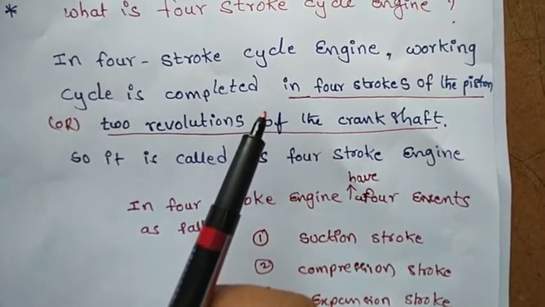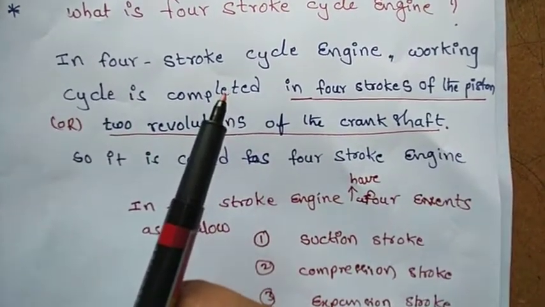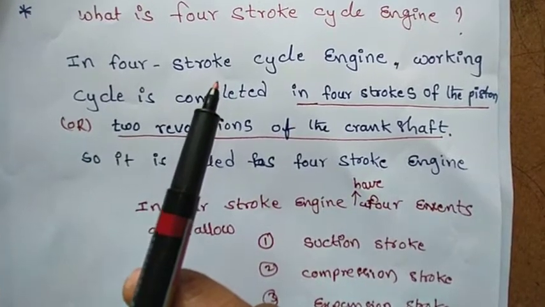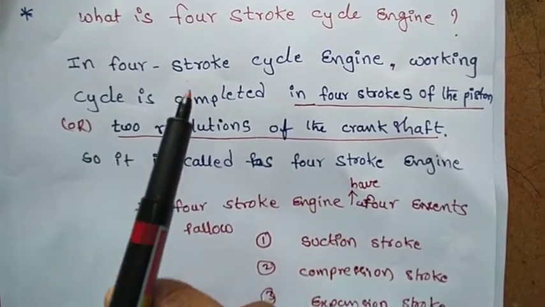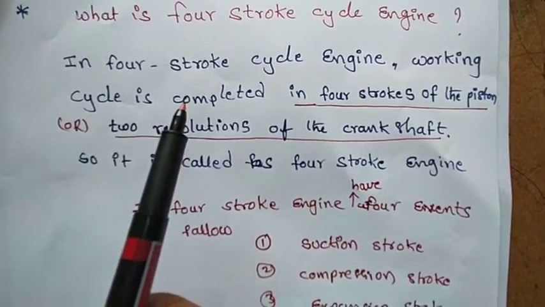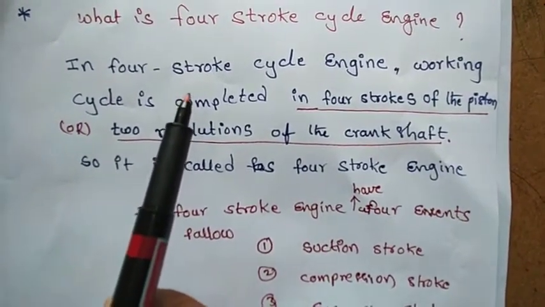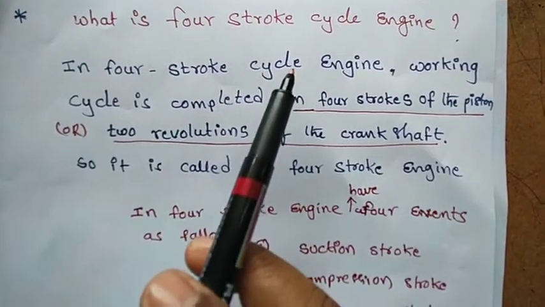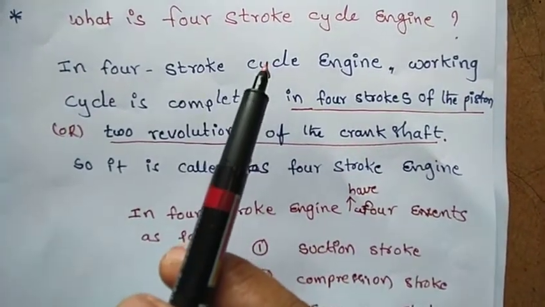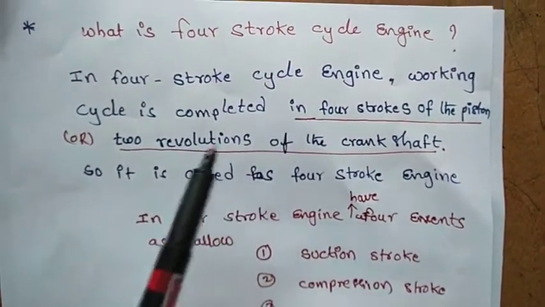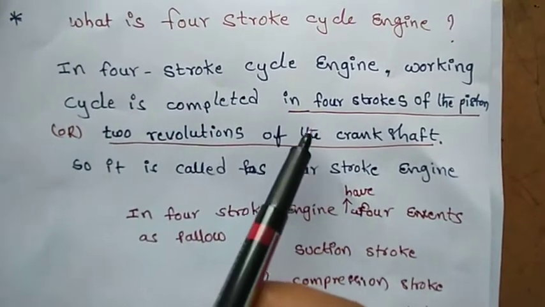I have already explained: for 1 stroke, meaning the piston moves from one dead center to another, TDC to BDC, the crankshaft turns through 180 degrees, which is half a revolution. Here we have 4 strokes, meaning 2 revolutions of the crankshaft.